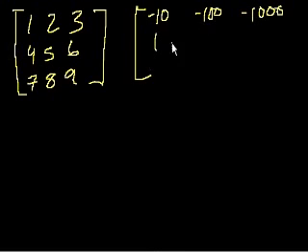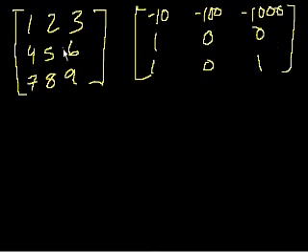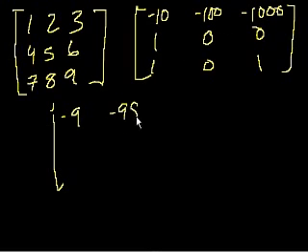I'm making up numbers. 1, 0, 0, 1, 0, 1. You can add these two matrices, right? Because they have the same number of rows and the same number of columns. So, for example, if you were to add them, the first term up here would be 1 plus minus 10, so it would be minus 9. 2 plus minus 100, minus 98. I think you get the point. You would have exactly 9 elements, and you would have 3 rows and 3 columns.